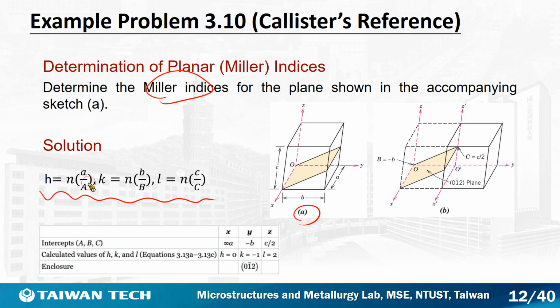So let's find all the intercepts for a, b, c. Intercept for a, none. The intercept for b is -1. For c is a half. And we take the reciprocal. So we get 0, -1, and 2. So that's our answer.